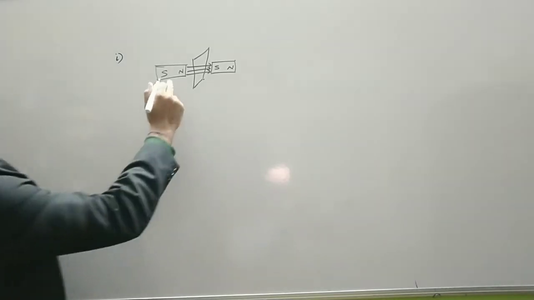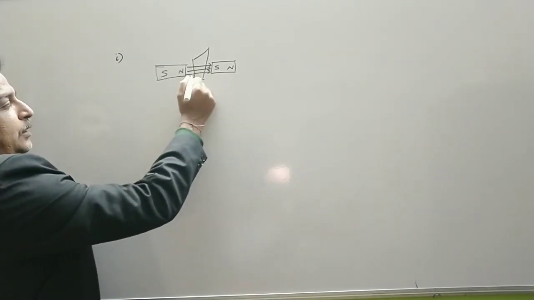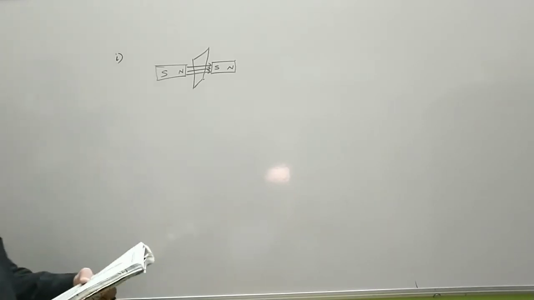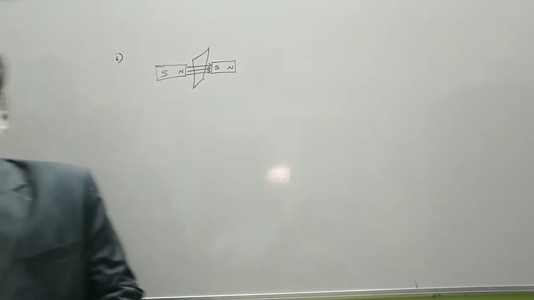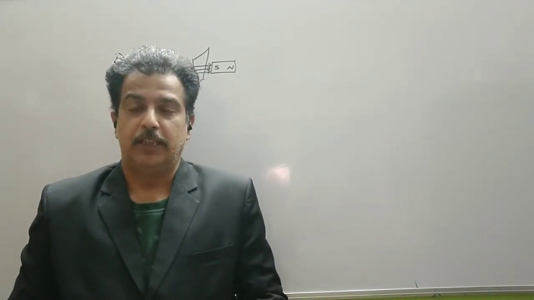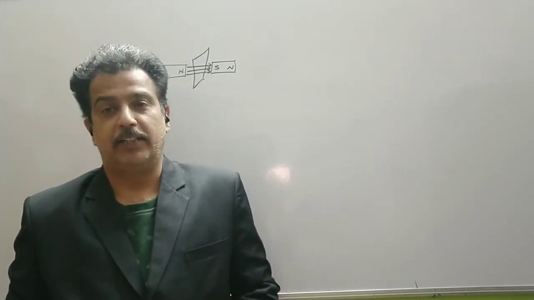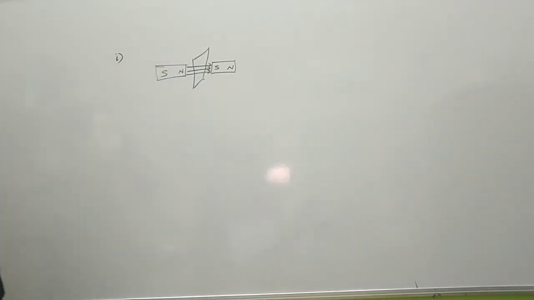Say if you use a strong magnet, the number of field lines will increase, the intensity will increase, but there will be no change in the magnetic flux. And in the introductory part only, we have said that the change in magnetic flux, that is a varying magnetic field, is important. If I change the bar magnets to one having a strong magnetic field, the intensity through the loop will increase, but it will again be constant.